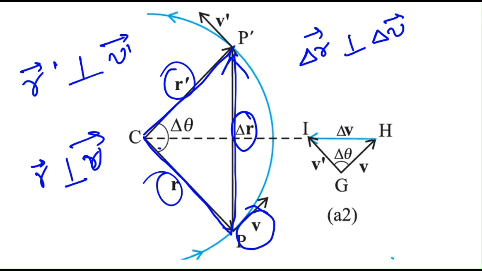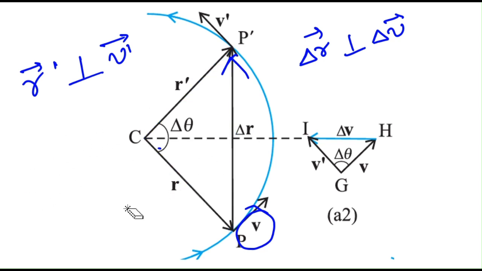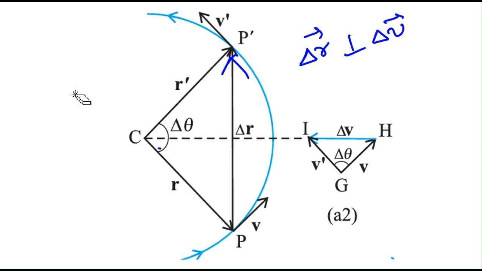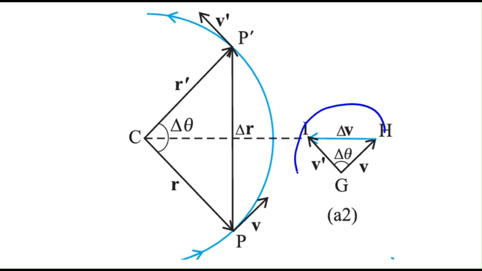This is what is happening here also. So this delta V is perpendicular to delta R, and if this delta V is perpendicular to delta R, it should pass through the center. Now, whether it is towards the center or away from the center, we can simplify by just observing this diagram.